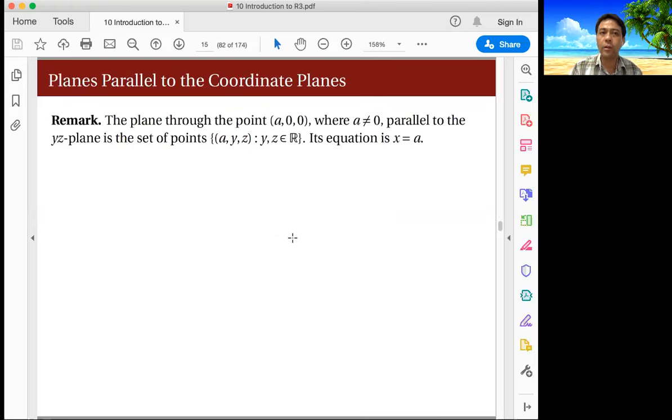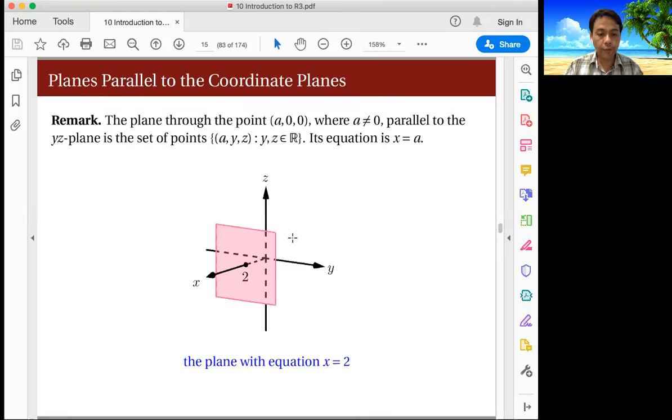Then the equation of that plane is simply x equals a, because on that plane, the coordinates will always have x equals a. The y and z will vary. For example, consider the plane with equation x equals 2. On this plane, the points will always have x coordinate equal to 2. The y and z coordinates may vary.